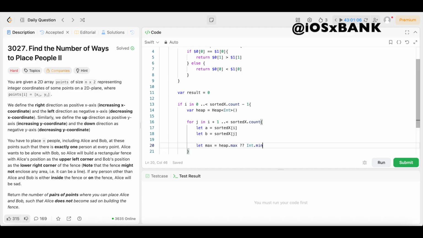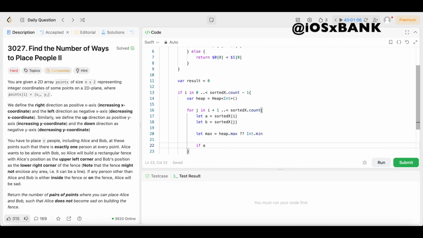Now we need to check if point B is valid relative to A. If A's y is greater than or equal to B's y, this ensures A is above or equal in the vertical position. Similarly, if B's y is greater than max, this ensures that B's y is strictly greater than any y already processed for this i. So underneath this we say if a[1] is greater than or equal to b[1] and b[1] is greater than max, then we open up the brackets.